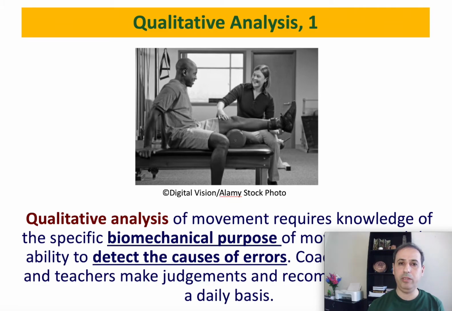Keep in mind that qualitative analysis is quick. One example is a coach who will tell one of his or her players that they are getting stronger, from his or her experience and from the biomechanical purpose of the motor task, and by detecting if there are causes of errors, which in this case would be injuries.